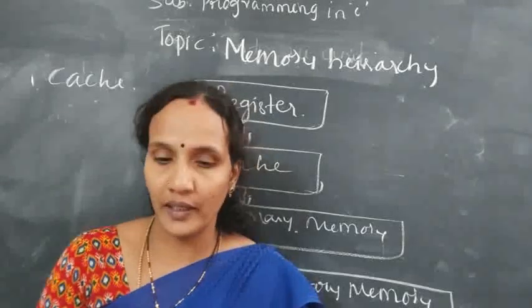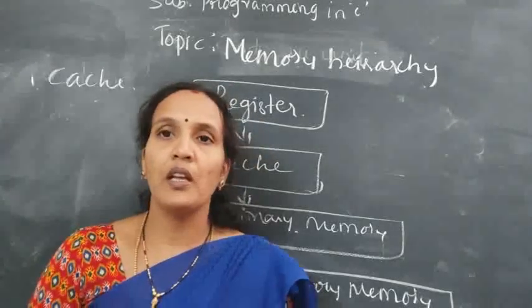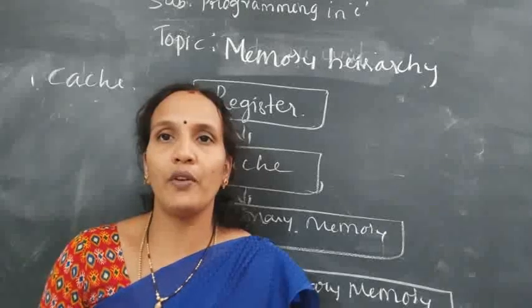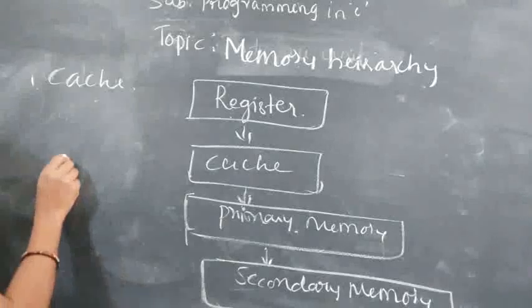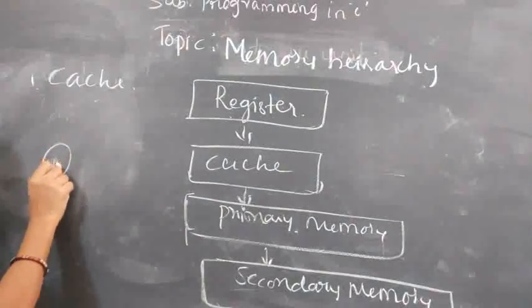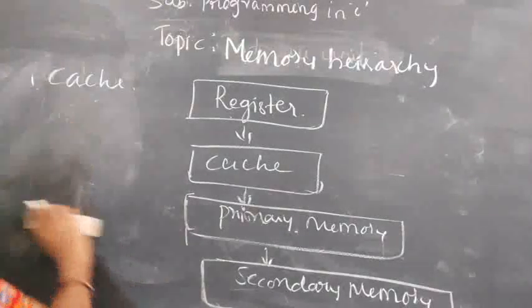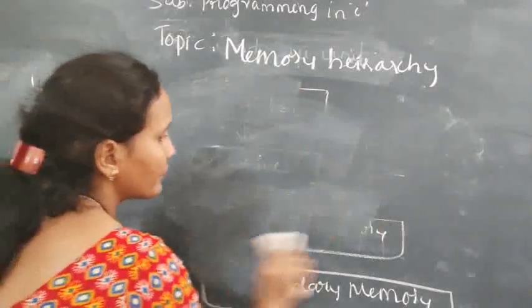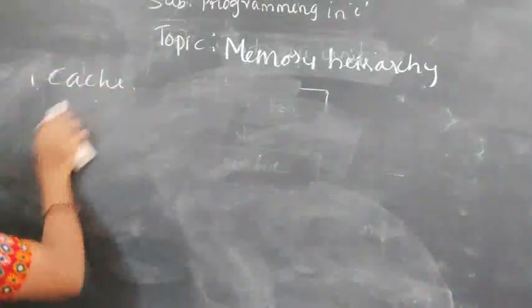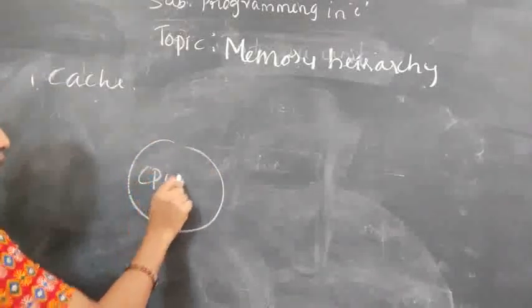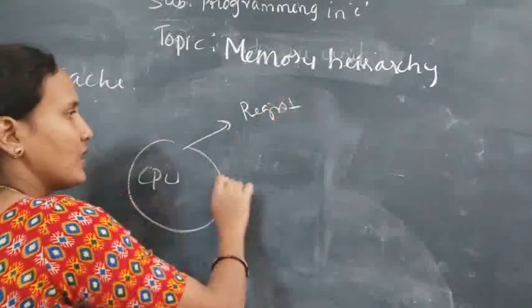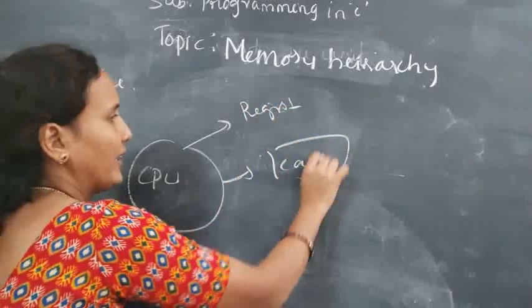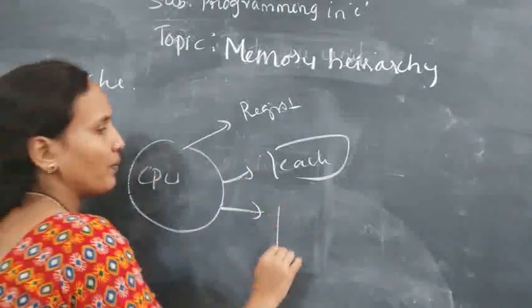What does it actually contain? For example, files you are frequently opening. Whenever the CPU wants to execute something, for example, this is the CPU. The CPU can take information from registers, from cache memory, and from primary memory.